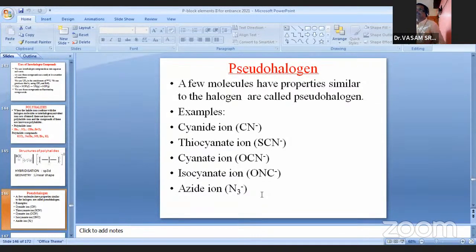The best examples: cyanide ion, thiocyanate ion, cyanate ion, isocyanate ion, and azide ion, N3 minus. So isocyanate, cyanate, thiocyanate, and cyanide, CN minus, are the best examples for pseudo halogens.